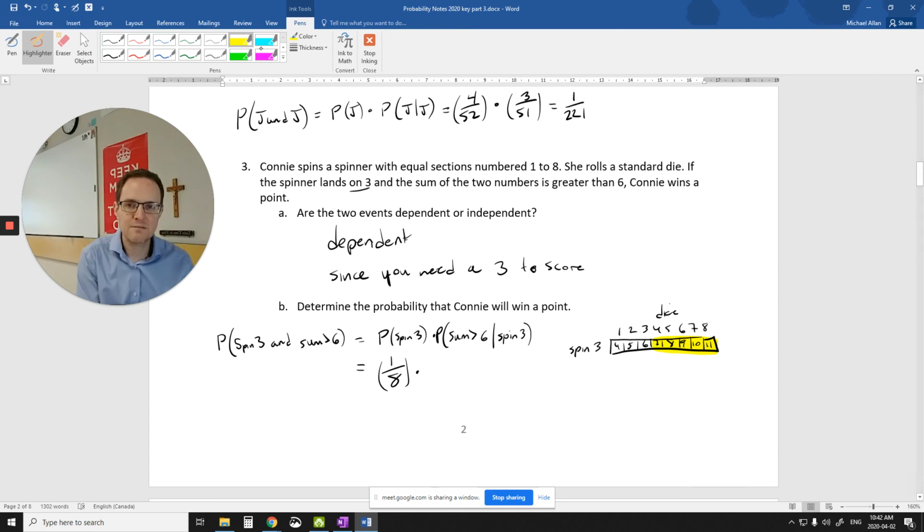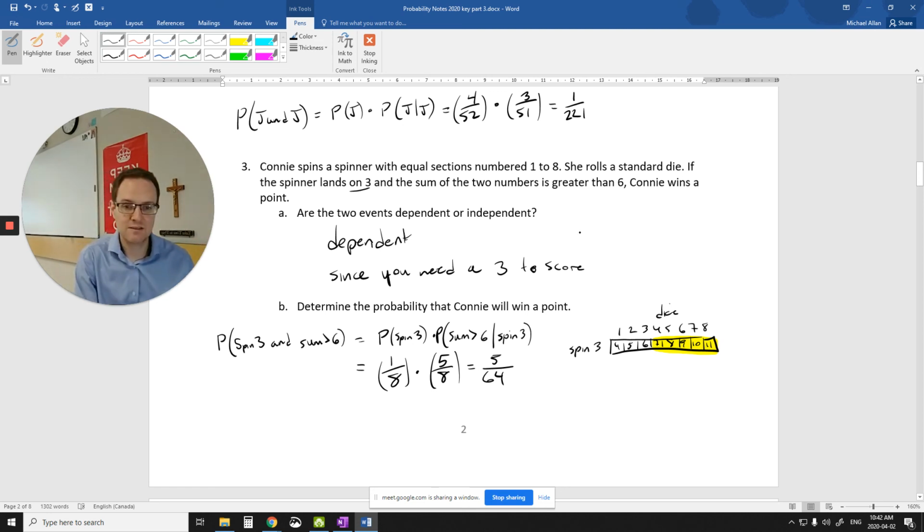There's 8 things in my sample space, and 1, 2, 3, 4, 5 of them are winning. So there's going to be a 5 out of 8 chance that she's going to win that. So that's 5 times 1 on the top, and then 8 times 8. So she has a 5 out of 64 chance that she's going to win a point.